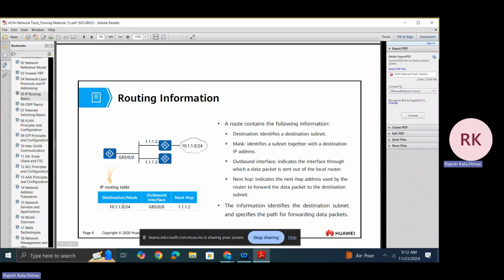First is the destination network and mask. Then the outbound interface, the exit interface through which you reach that network, GE0/0. Then, what is my next hop? Next hop means the IP address of your next router. We have two routers here, but I will choose this one, maybe this is the best path. So the next hop will be 1.1.1.2, the IP address of the next hop router.